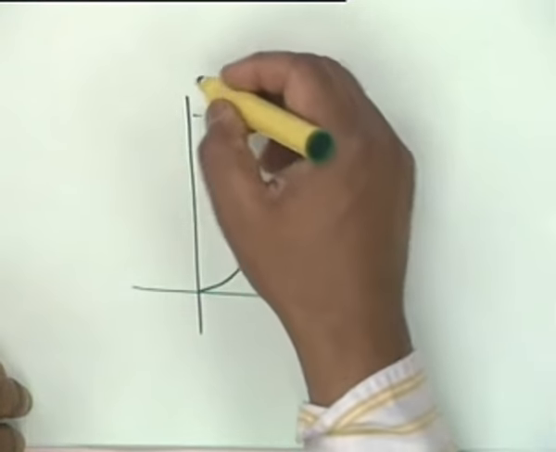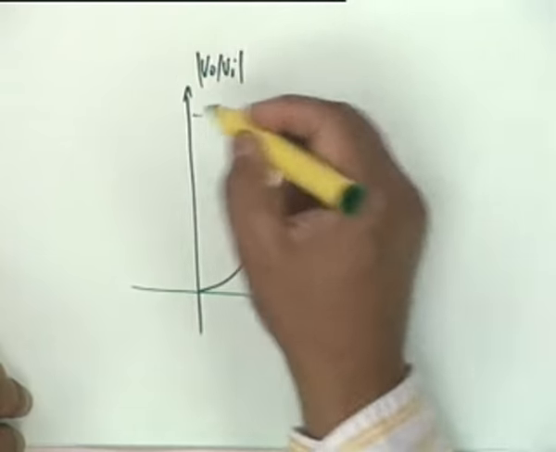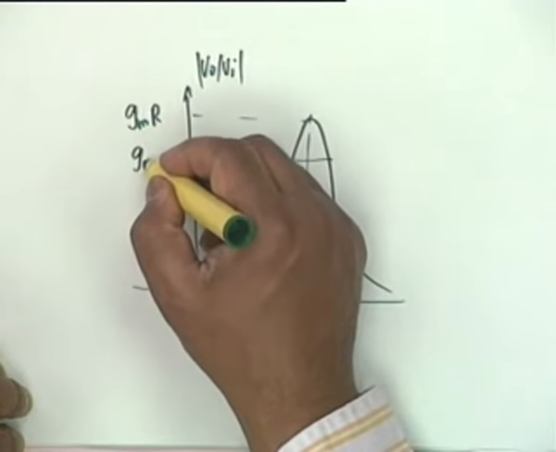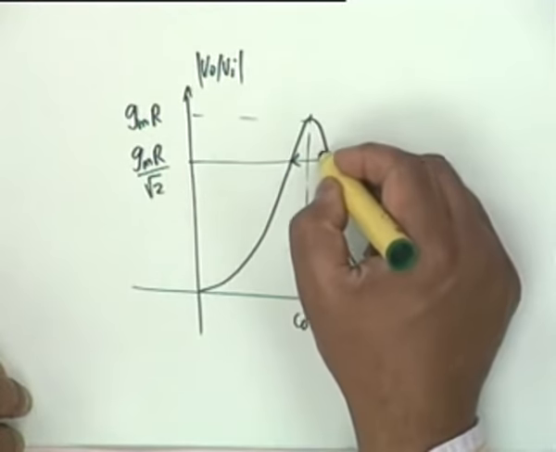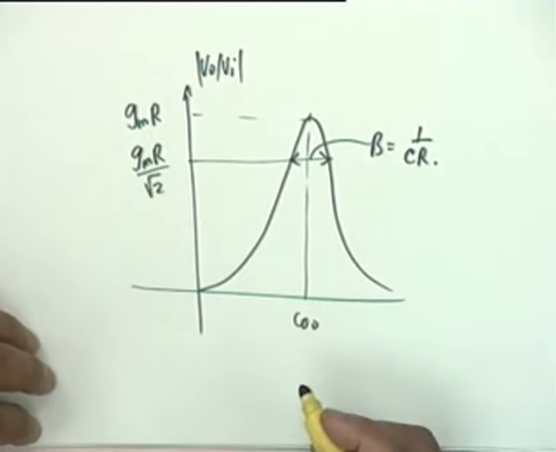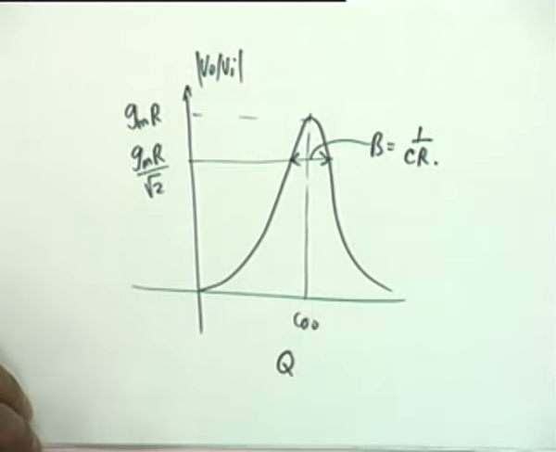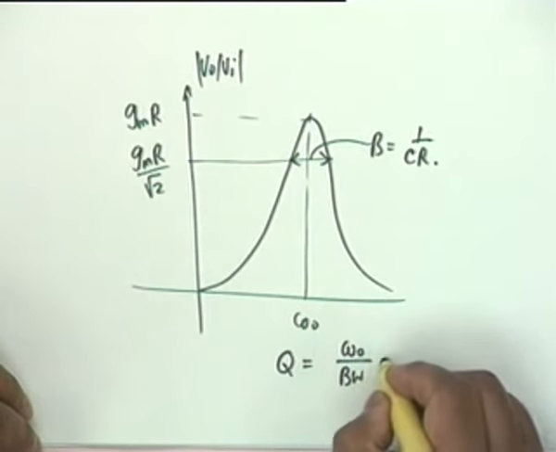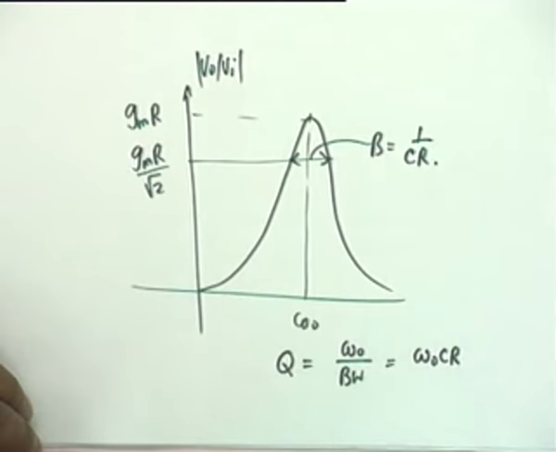At omega 0, this magnitude V0 by Vi magnitude is GmR, and if this is GmR divided by root 2, then this B is equal to 1 by CR, and therefore the Q of this circuit, the selectivity, which is omega 0 divided by bandwidth, is equal to omega 0 CR. It is proportional to R. The higher R is, the higher is the value of Q. I will not do the algebra because you must have done it in the circuit theory class.